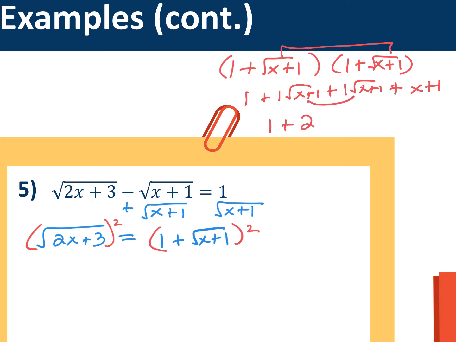This gives me 2 times the square root of x plus 1. And then I still have this guy at the end. I can also combine this 1 and this 1. So then this thing finally simplifies down to 2 times x plus 1 under the radical plus x plus 2.